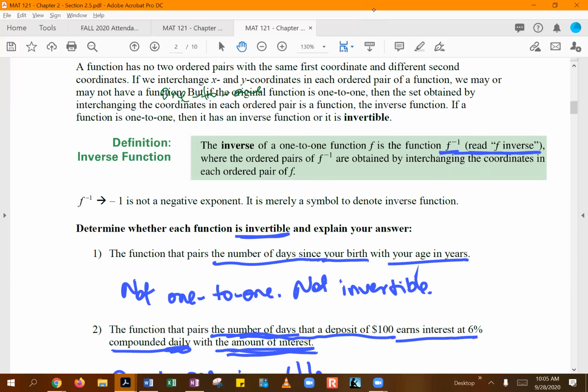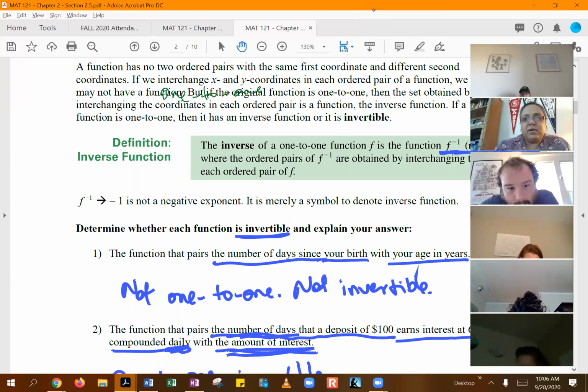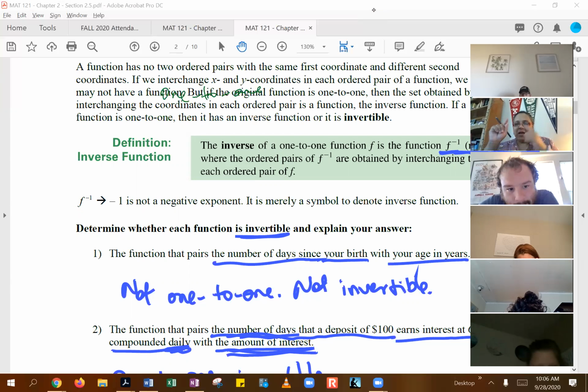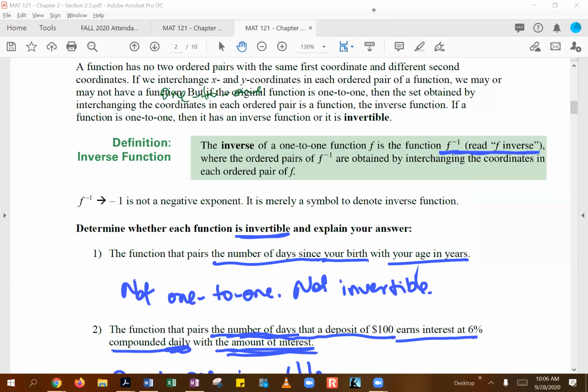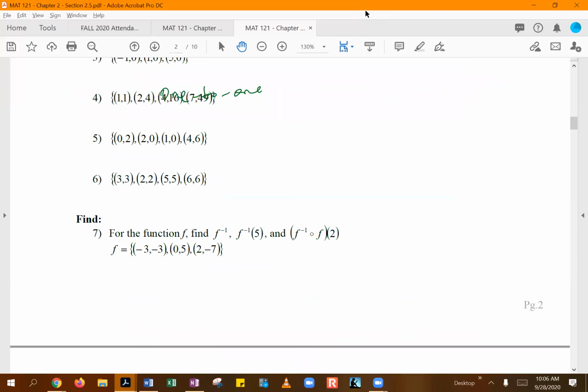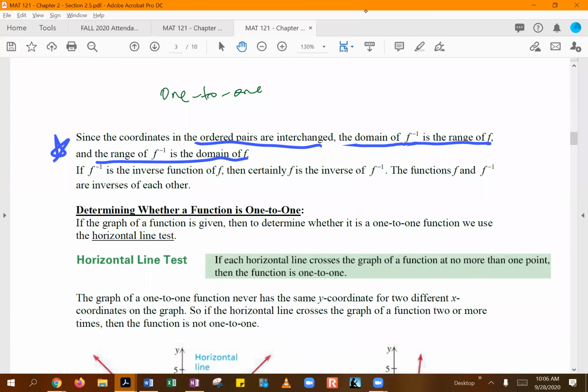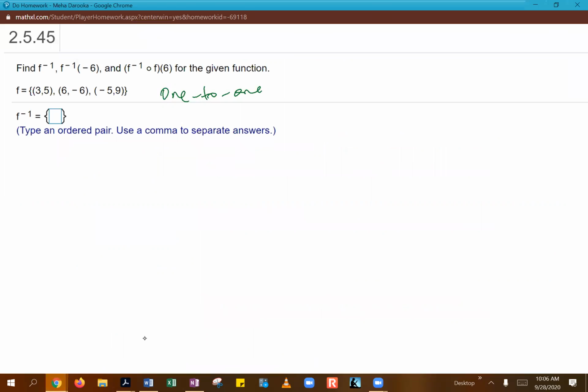You read it as f inverse. It kind of looks like you're putting a -1 exponent, but that's the notation we use for inverses. So anytime you put that little -1 in the exponent, we're actually talking about the inverse function. It's not really an exponent, just the notation for your inverse functions. So keep in mind how the domain and range basically end up switching places from the original function to the inverse function.